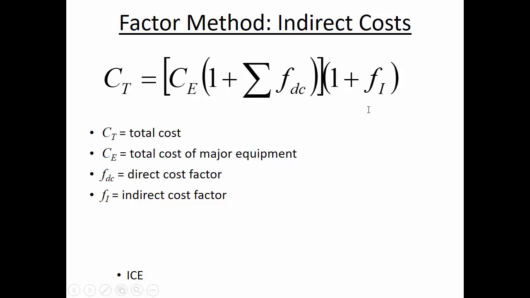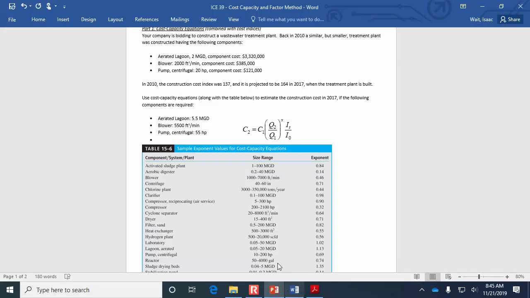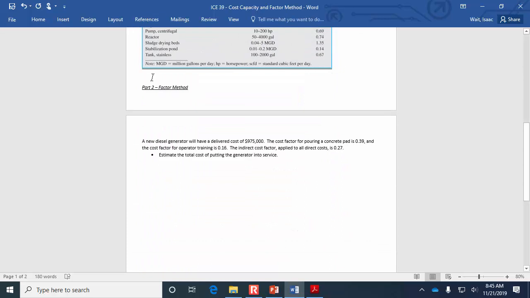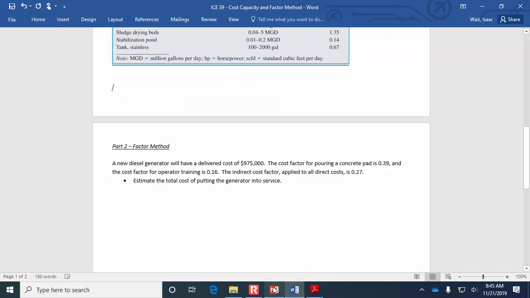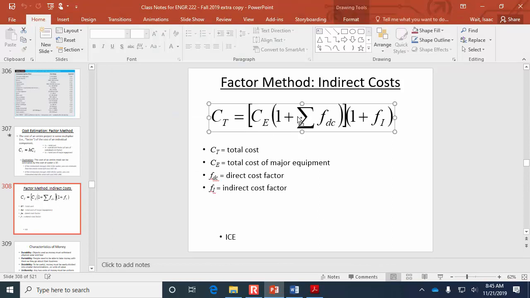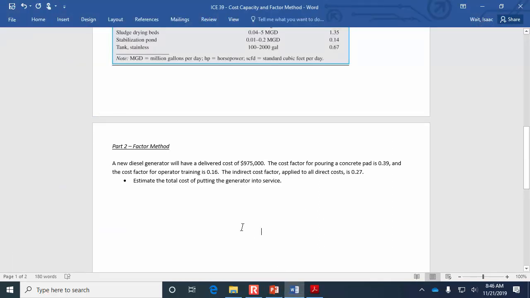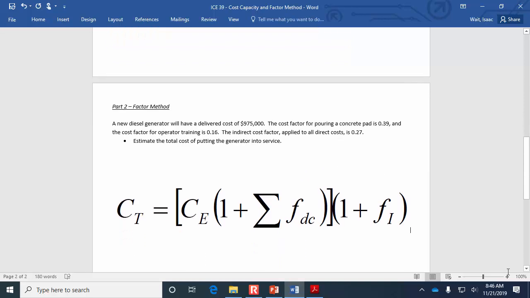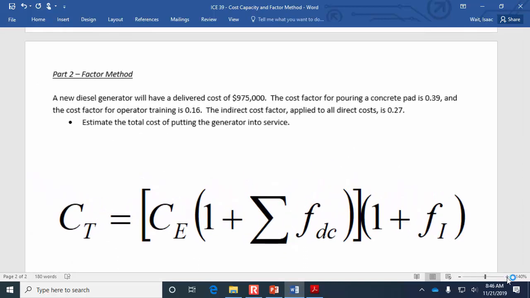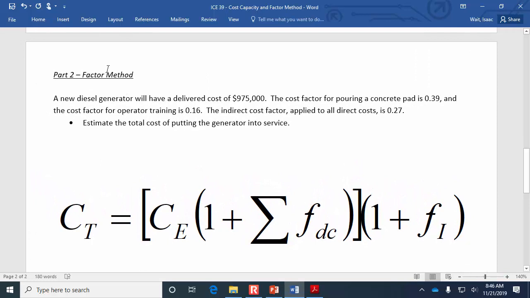So in part 2 of our in-class exercise for today, what I'd like you to do is consider the factor method and that formula that I just showed you on the previous slide. Let me paste it over here so that we can see them both at the same time. All right. So what we're saying is we're going to use the factor method and also account for the indirect costs simultaneously.